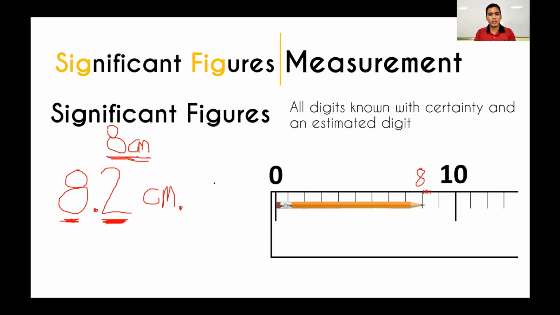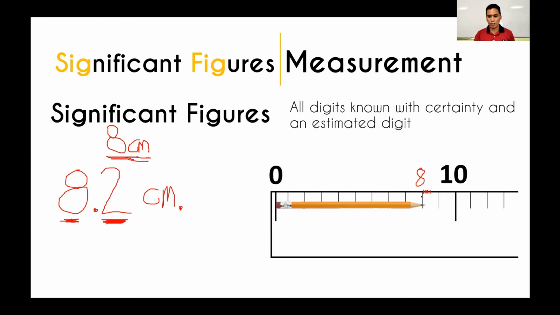So that is the significant figures calibrated on 1. The number of significant figures depends on the calibration of your measuring device. For example, in this case, your measuring device is calibrated by ones. So the estimated digit is the place value below the calibration of your measuring device.